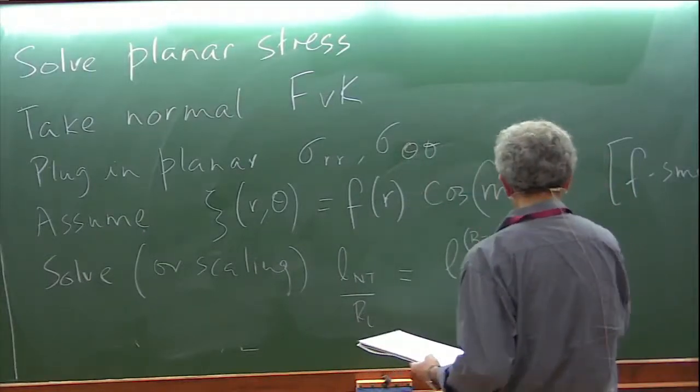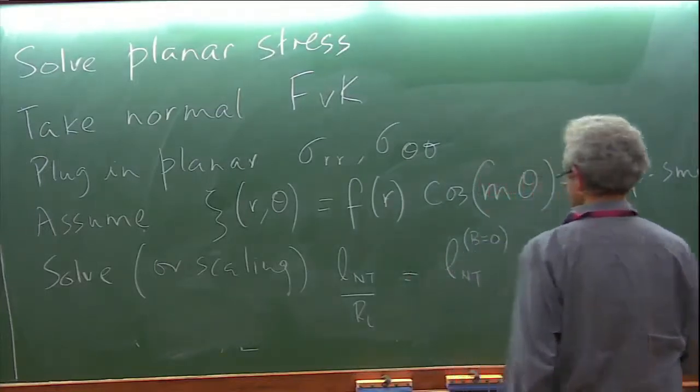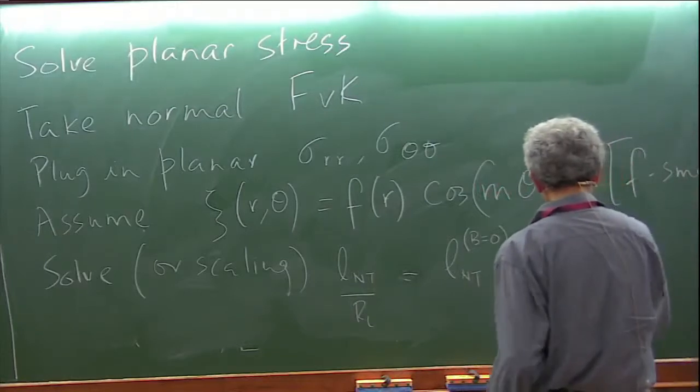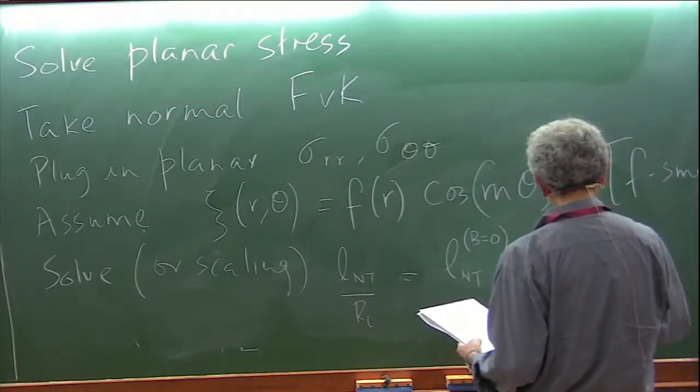It's going to have some correction, and that correction is going to go like our usual bending over W, whatever it is. This is the same old 1/4 you've seen before.